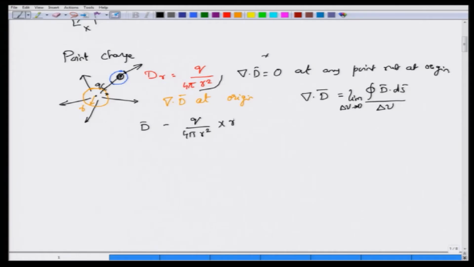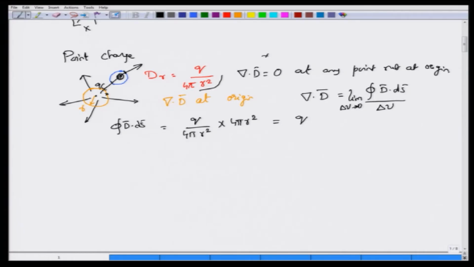This needs to be multiplied by the surface area of the sphere, because D field will be everywhere perpendicular to the surface, and therefore, that integral of D dot dS simply becomes multiplying the value of D with the surface area of the sphere. So, when I do that one, and I know that the surface area of the sphere of radius r is 4 pi r square, I see that this integral of D dot dS over the sphere which is having a radius r will actually be equal to some constant, and this constant value is q, okay.